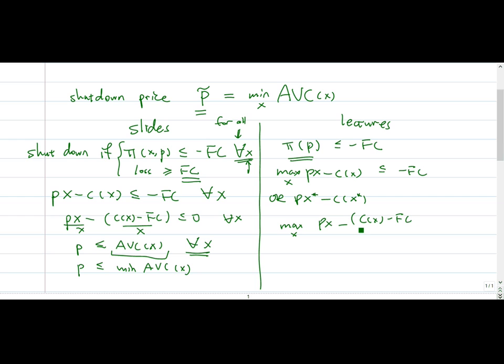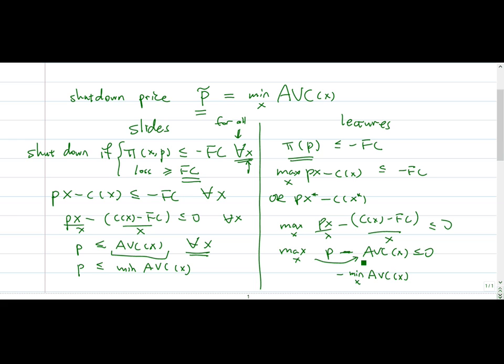Moving this to the left hand side again, and dividing by x, we get the maximum over x of P minus AVC(x) is less than or equal to 0. The mathematical trick here is when you want to move the max operator inside the minus sign, if you are maximizing the negative of some number, it's the same as having a minus in front but minimizing the thing inside.